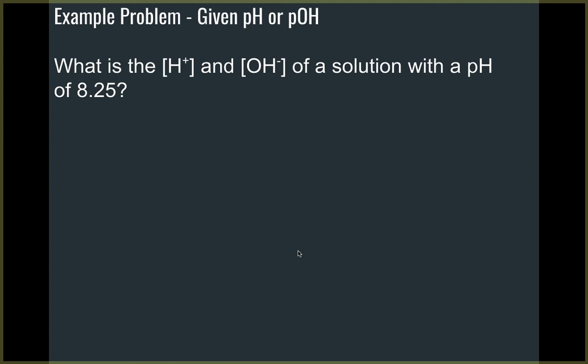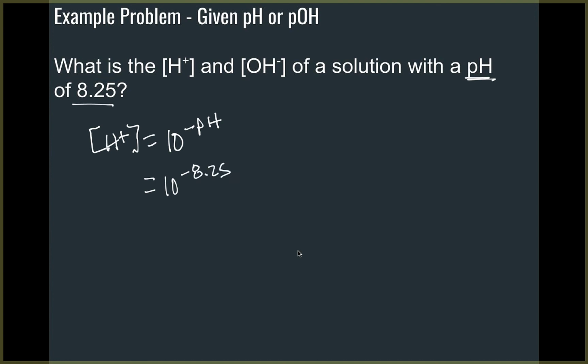Okay, the next type of problem is you could be given the pH or the POH. So again, for this one, I want to know what is the H plus and the OH minus of a solution with a pH of 8.25. So I have a pH value, so I can use that. I can use my H plus equals 10 to the negative pH to solve for the H plus. So 10 to the negative 8.25.